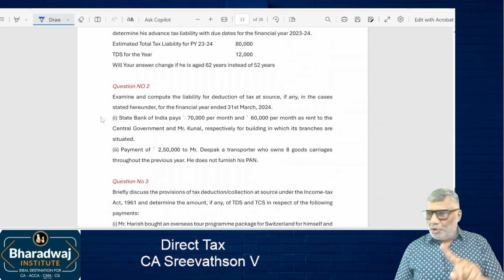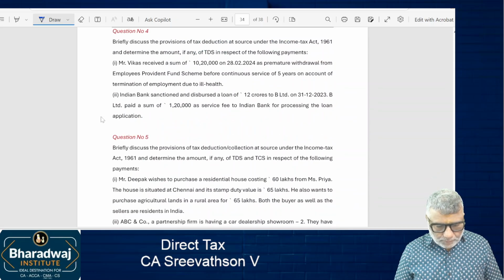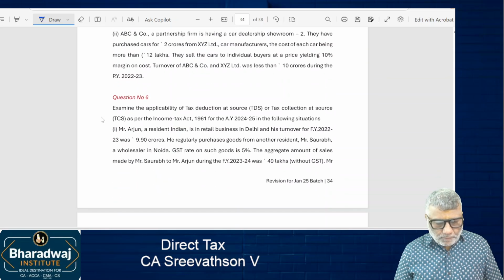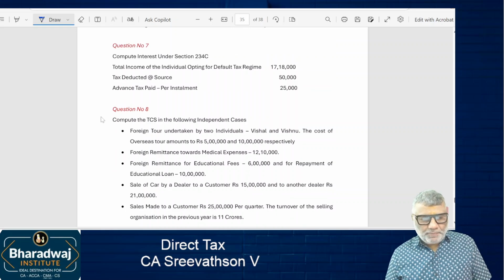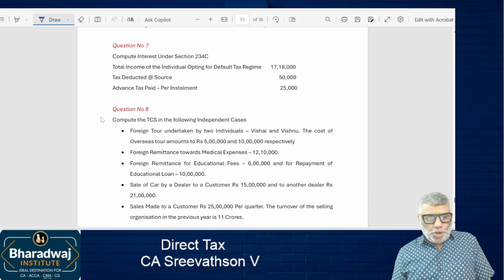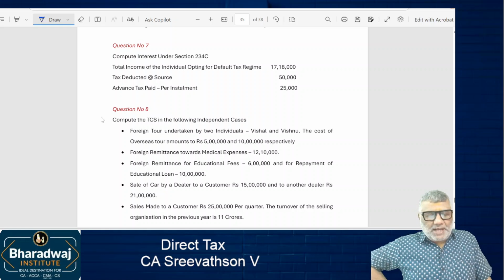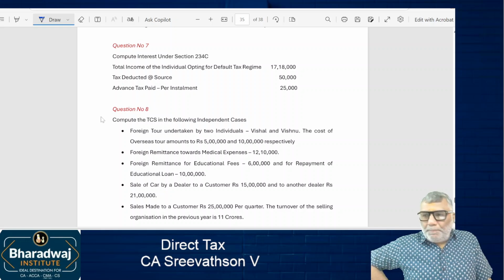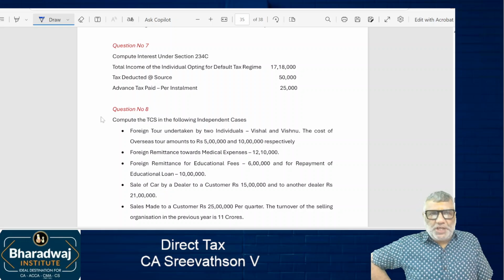I'll do one more question and then come to the second question. Question number 7, page number 35. Total income of the individual opting for default tax regime, TDS, advance tax paid per installment, compute interest under section 234C.